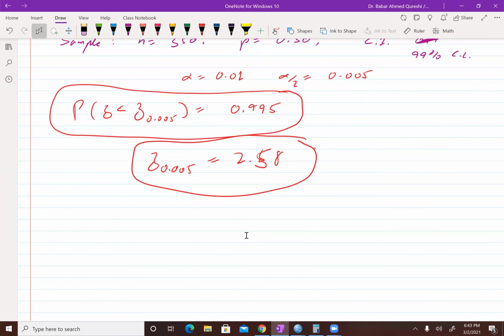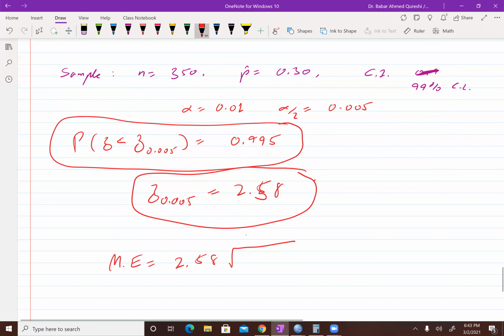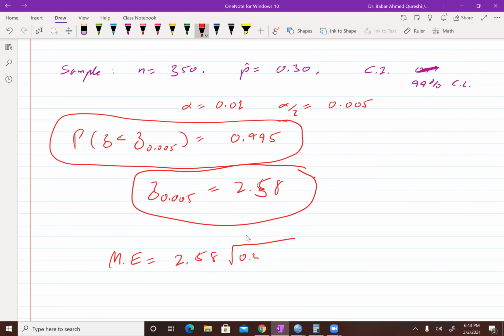And then all you need to do to compute the margin of error is 2.58 times the square root of proportion times 1 minus proportion divided by 350.